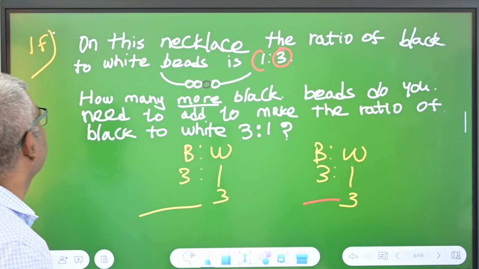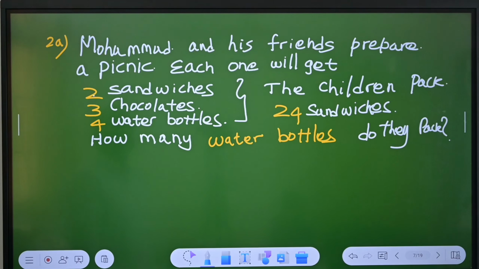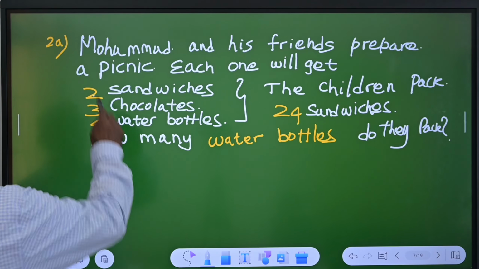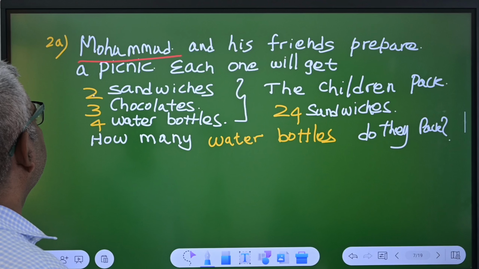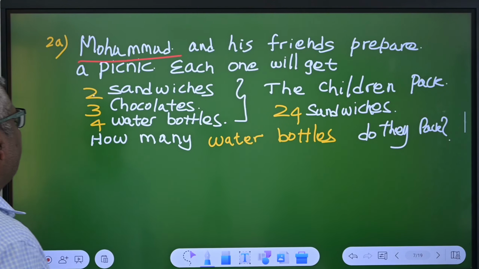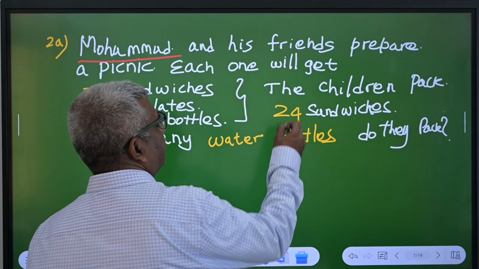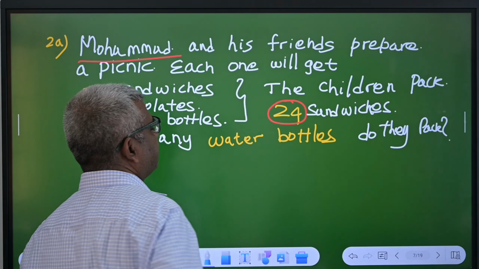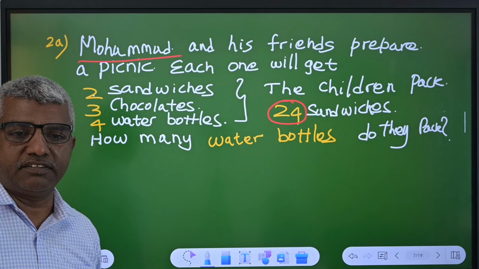Okay. Now look at the question number 2. Same type. Mohammed and his friends prepare a picnic. Each one will get this. Mohammed is my student name. Each one will get 2 sandwiches, 3 chocolates, 4 water bottles. The children pack 24 sandwiches. How many water bottles do they pack?